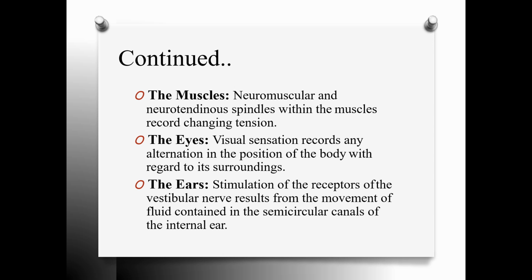Eyes: visual sensations record any alteration in the position of the body with regard to its surroundings. Yes, if a ball is thrown at you, you will change your posture. That is an example of change from afferent to efferent, that is postural muscles.